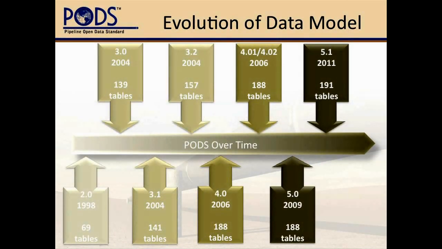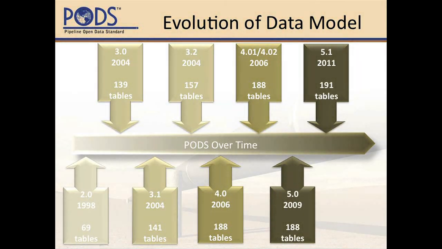Again, the model always goes through an evolution where things are improved, new technologies are added, particularly the advent of globally unique identifiers. Globally unique identifiers are a 38-character string that, based on the MAC address of a computer and an algorithm, generates a theoretically completely unique identifier, which means that every asset, every record in your database could have its own identifier.